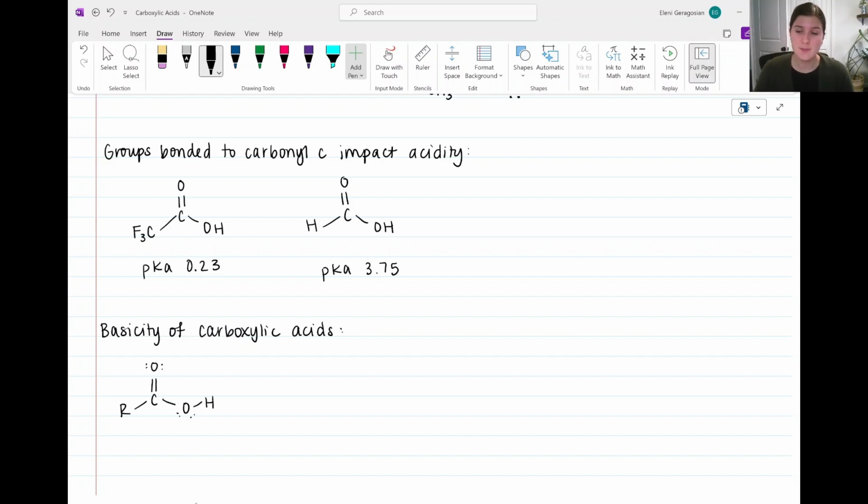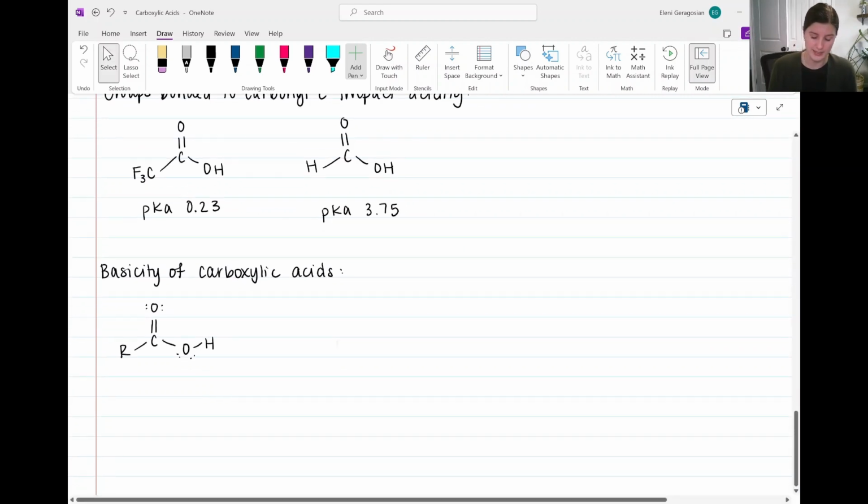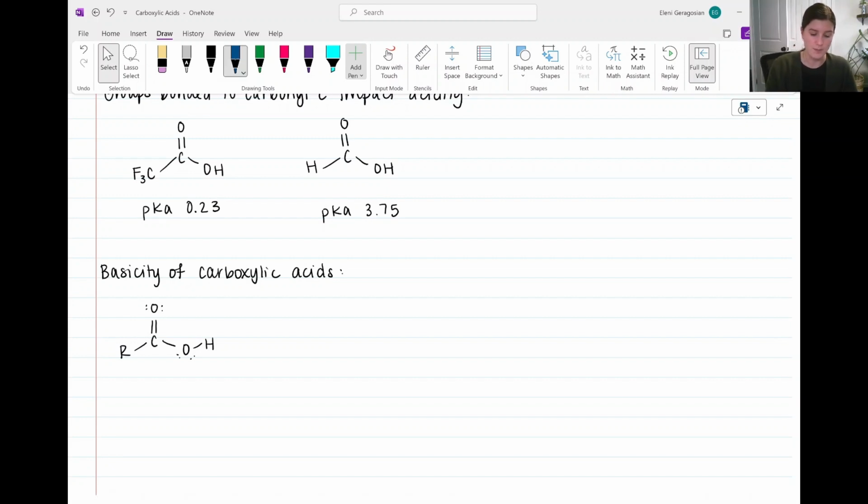Now in this molecule, we have 2 locations where there are atoms with non-bonding electrons. So potentially 2 locations that are basic. But one oxygen is more basic than the other, and to determine which oxygen is more basic or where the more basic site is on the molecule, we need to draw conjugate acids.